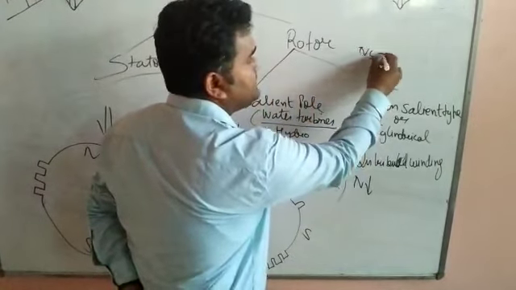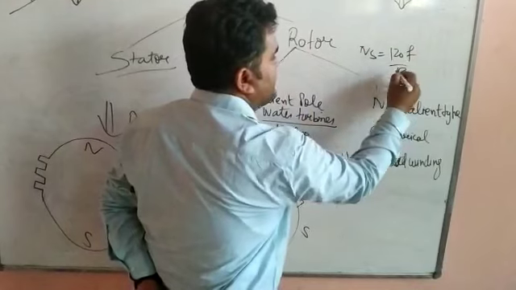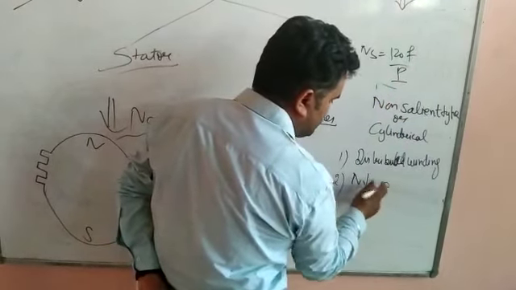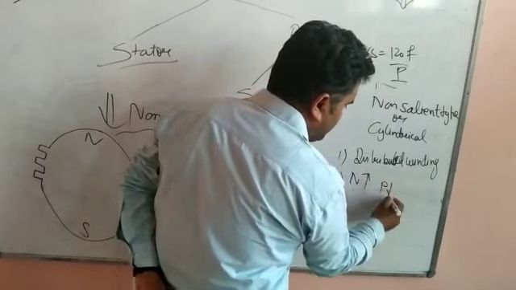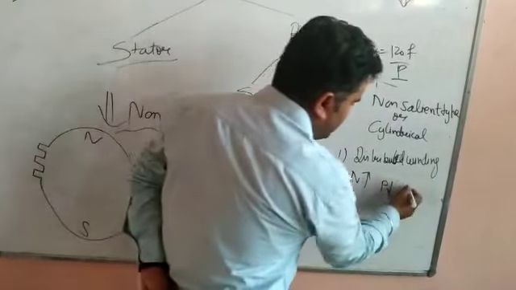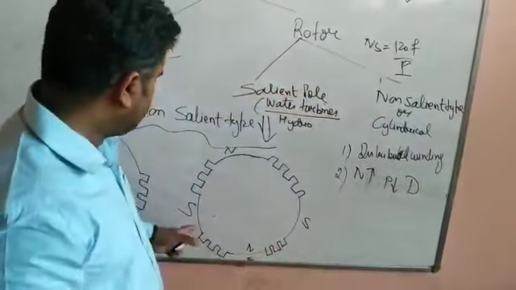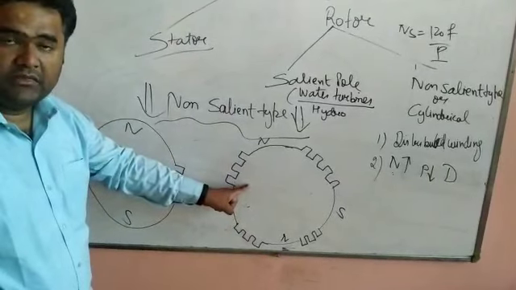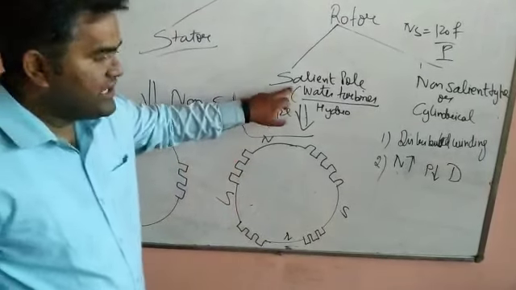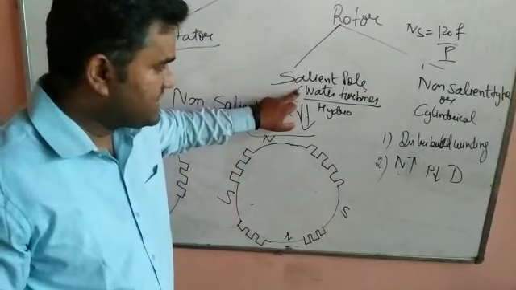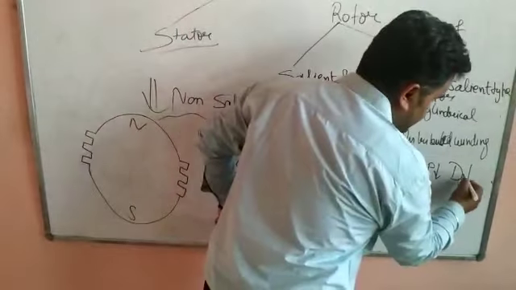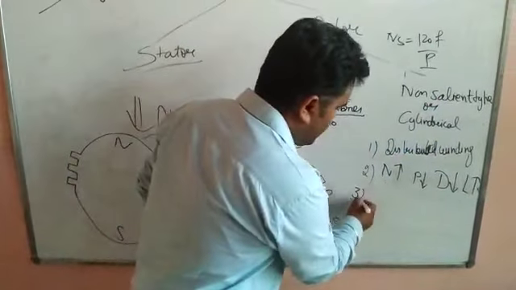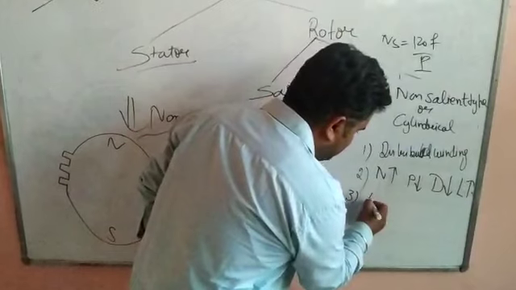Poles reduce, but according to the formula, we know that pole is inversely proportional to speed: as speed increases, poles decrease. Hence, as the poles decrease and the poles are not projected, as you are watching in this diagram, as compared to the salient pole as we have already discussed, the diameter is reduced, but the axial length increases.